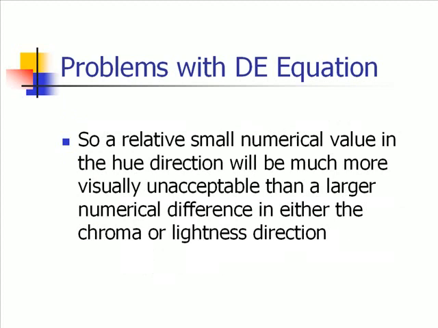Again, the problem is the number doesn't always mean the same thing, so it makes it pretty hard to make a decision based on it. The equation cannot account for those discrepancies. Therefore, there are times when visually a color pair is judged acceptable, but the delta E is out of tolerance.